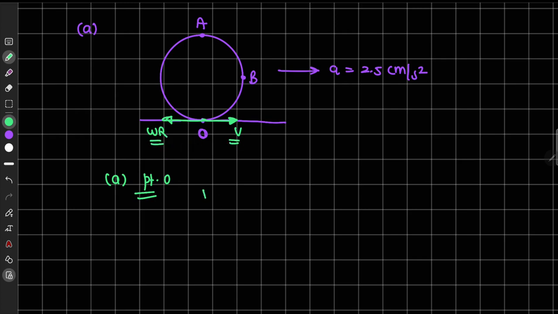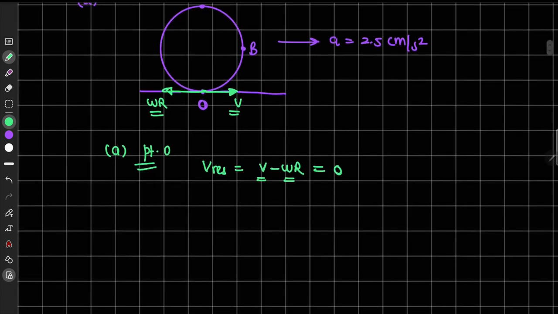So the resultant velocity is v minus omega r, which is equal to 0.